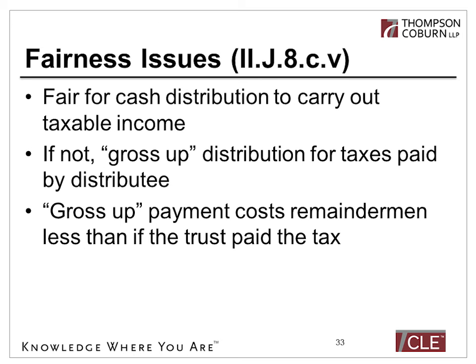So slide 33, we're just talking about some of the fairness issues, and is it fair for the distributions to carry out a capital gain? Steve was talking about how you have to have beneficiaries under certain circumstances for these rules to sometimes make sense. And if you are making a distribution to a beneficiary for a particular purpose, they may be upset when they get a tax bill associated with that distribution.